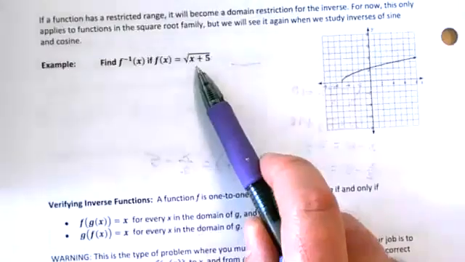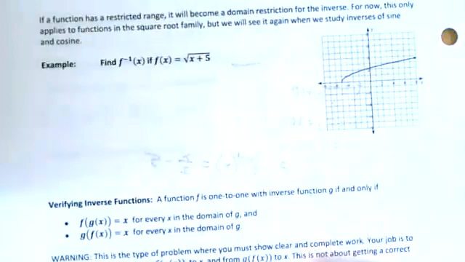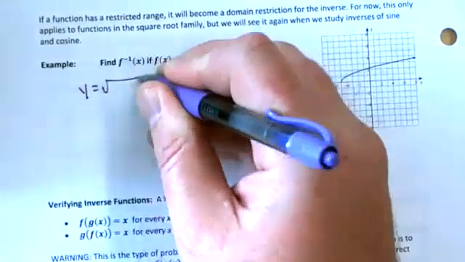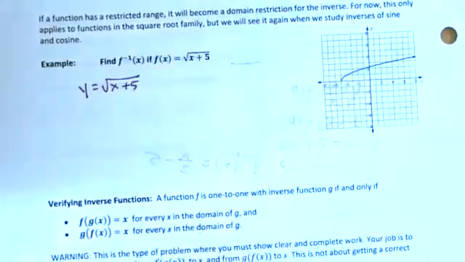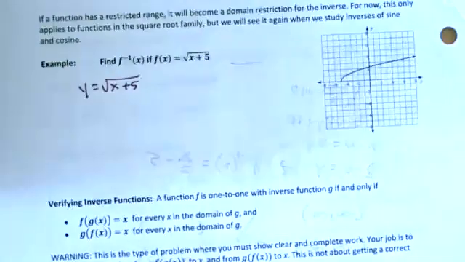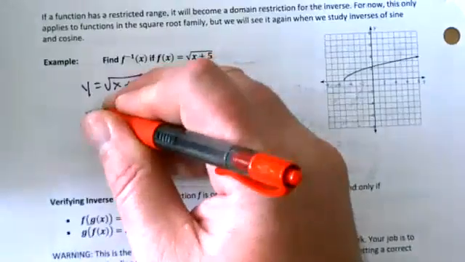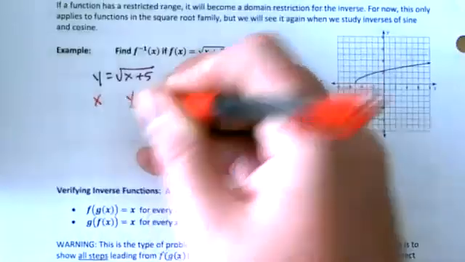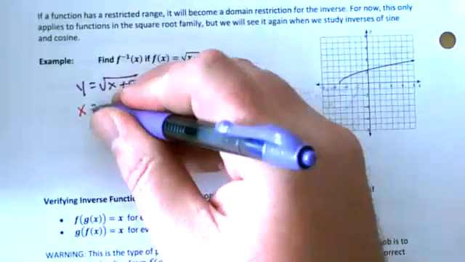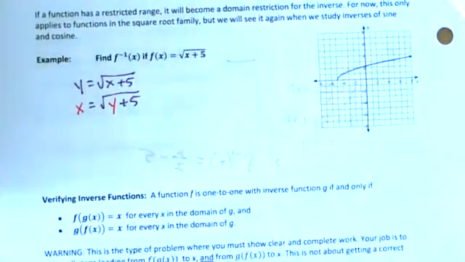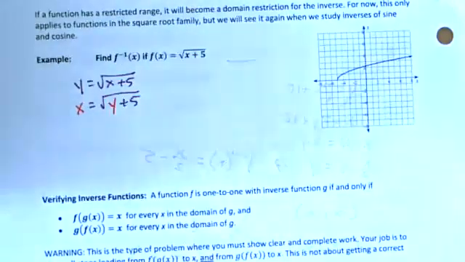Okay. So let's find the inverse of this thing. My original function is y equals square root of x plus 5. If we follow those same steps that we did a moment ago, we would start by, as you guys just told me, flipping the x's and y's. And then do a little bit of algebra to get y by itself. This one looks a little easier, right? We're not dealing with fractions here.